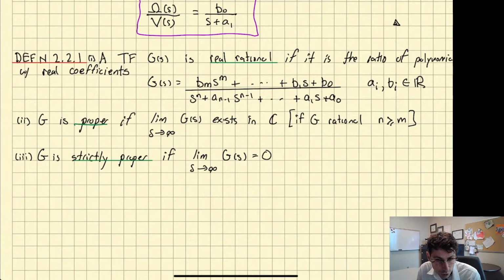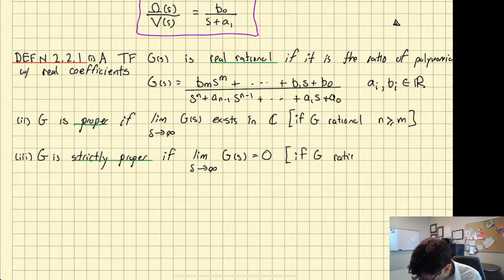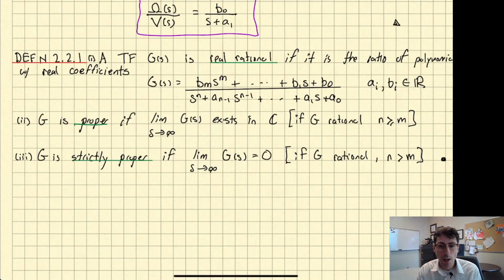Another way, if G happens to be rational, it means that n, the degree of the denominator, is strictly greater than the degree of the numerator. Okay, so in this course, I will use terms like rational transfer functions, proper, strictly proper, and the reason I go over the definition is so that we all know what that means.